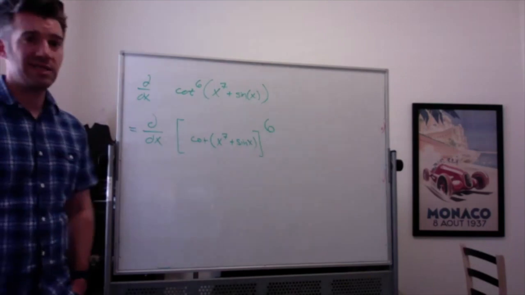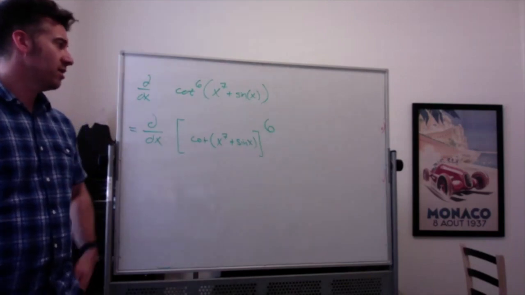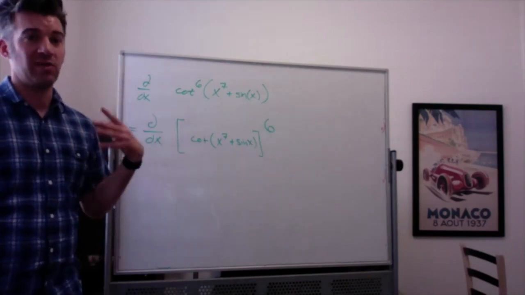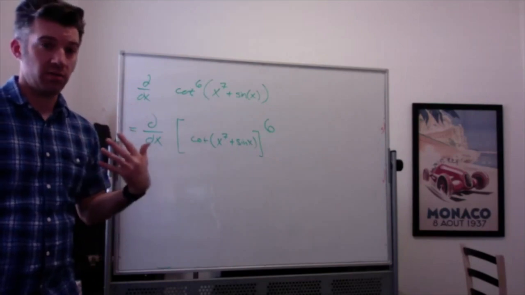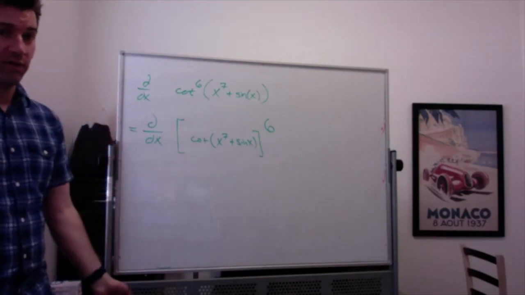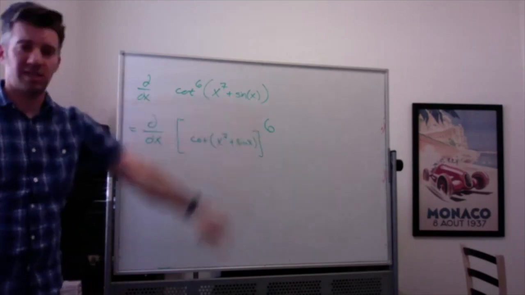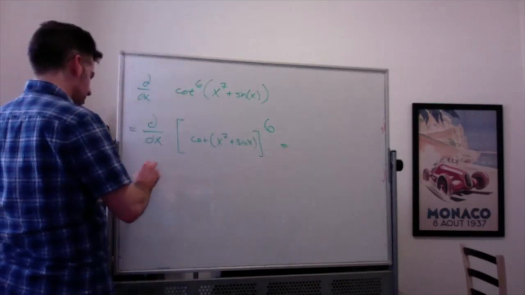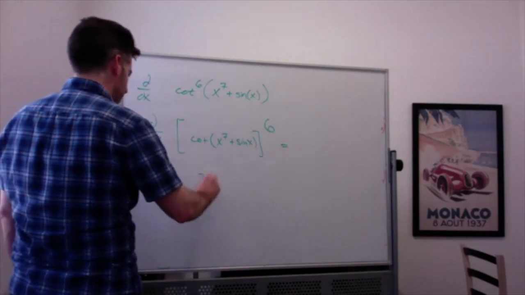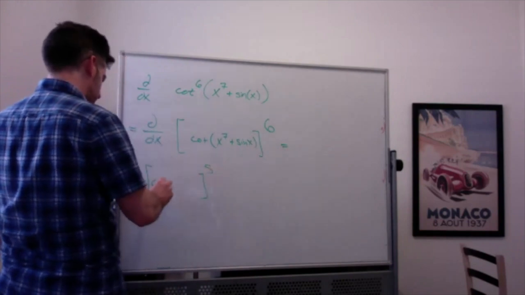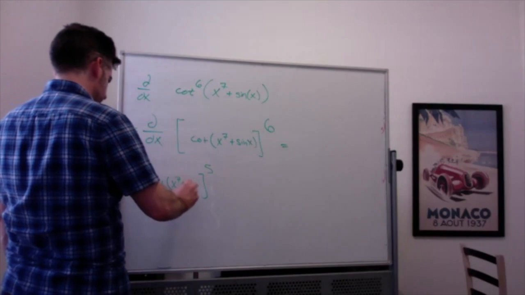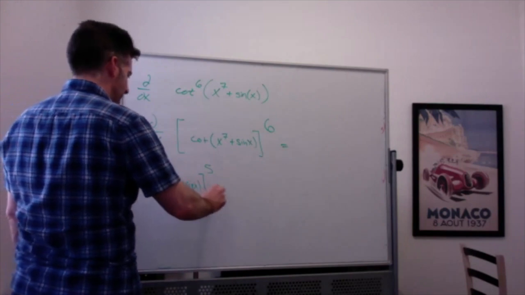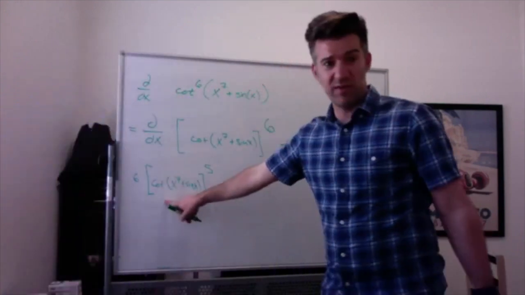And then it's probably easier to see that the outermost function is being raised to the 6th power. So when I take the derivative here, I'm going to say, oh, I've got some stuff to the 6th power. The derivative of that is 6 times my stuff to the 5th power times the derivative of that stuff.